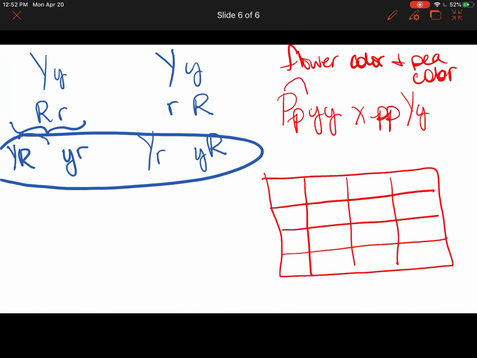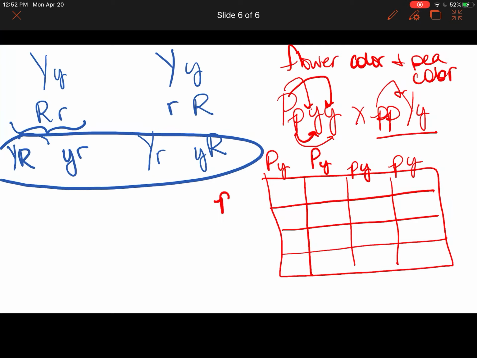So for our purple flowered plant with green peas, big P can sort with that little y, or big P can sort with that little y. Little p can sort with that little y, or little p can sort with that little y.